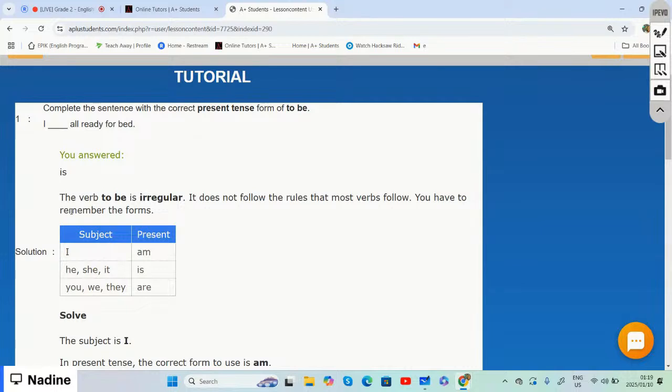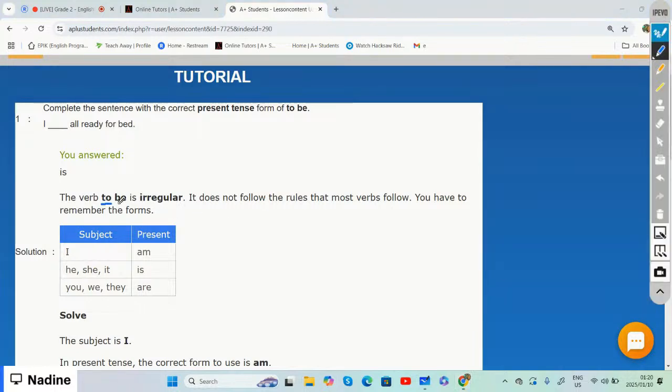All right. So once again, we said that when it comes to how to be within the present tense form, then the verb to be is irregular once again. And when it's irregular, then it does not follow any rules. You're just going to have to remember it.